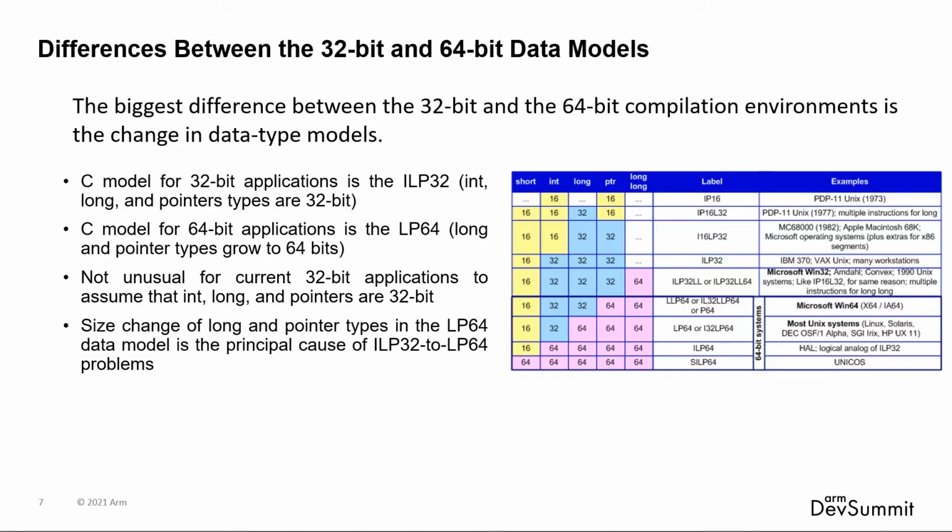C integer types and the floating point types are the same in both data type models. However, it is not unusual for current 32-bit applications to assume that the int type, long type, and pointers are all the same size. Because the size of long and pointer change in the LP64 data model, this change alone is the principal cause of ILP32 to LP64 conversion problems.